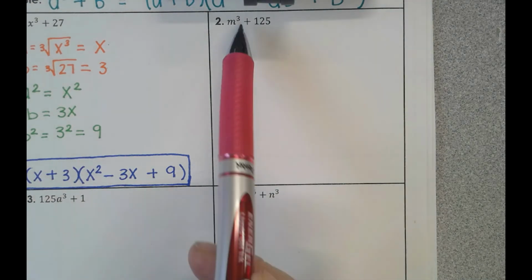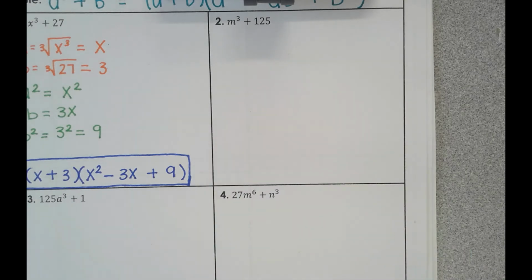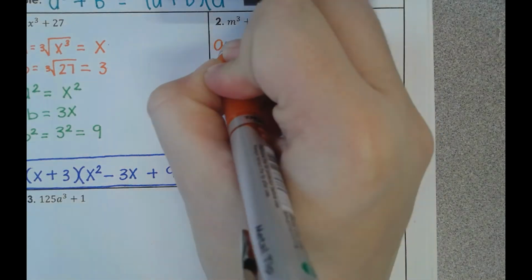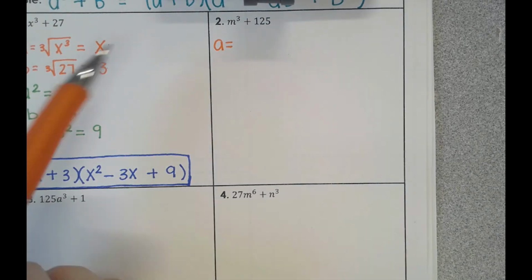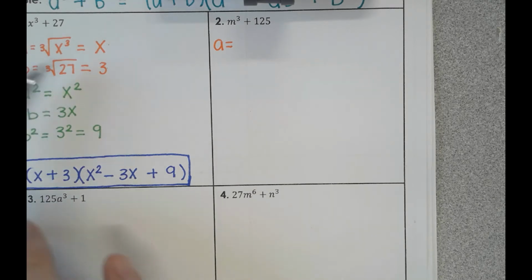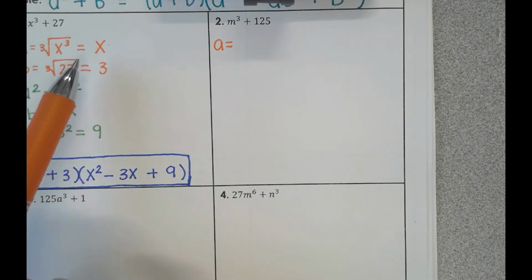we have m cubed plus 125. So let's start with A. Make sure when you're writing the cubed root, you're putting that 3. Otherwise, when you go back to it to try some problems, you're going to think you have to find the square root.